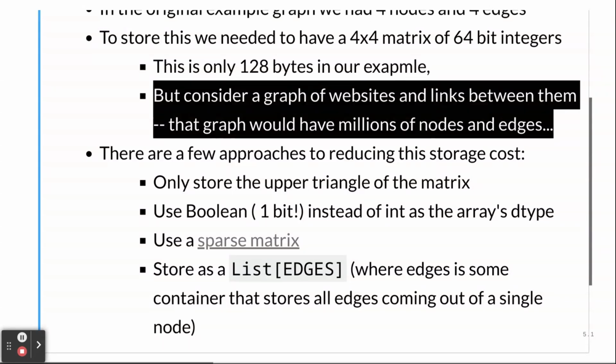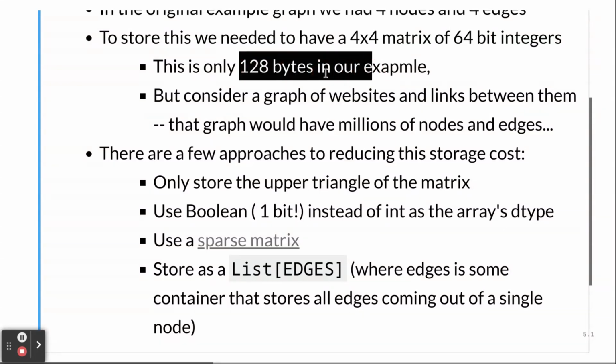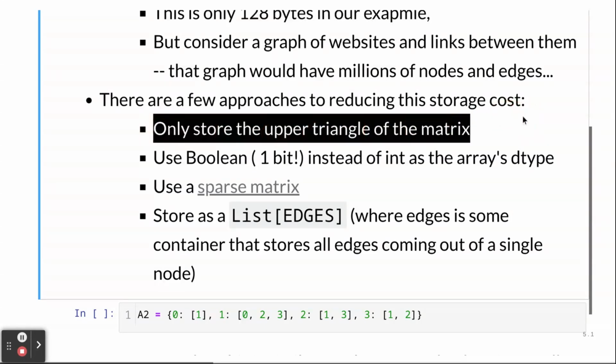And so if we have something that's 10 million by 10 million, and then multiply that by 64, we're going to be talking probably in the petabyte or exabyte range of storage. Now, there are a few ways we could be a bit more efficient here. One of the easiest or most obvious would be to only store the upper triangle of the matrix.